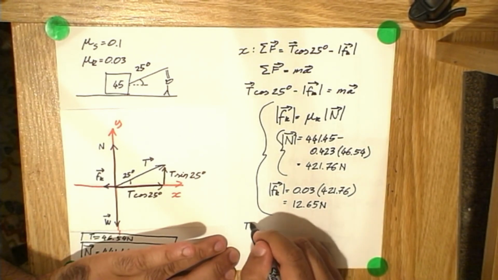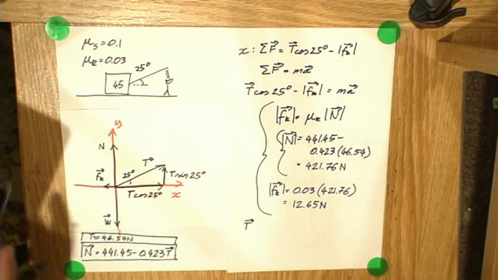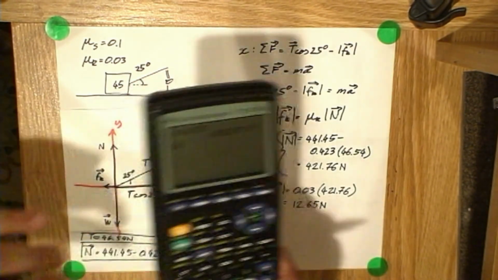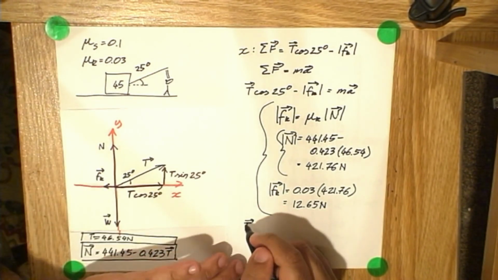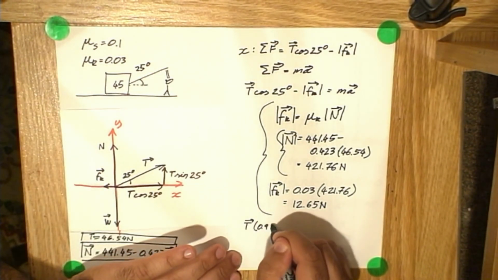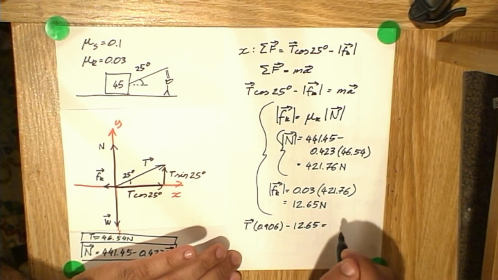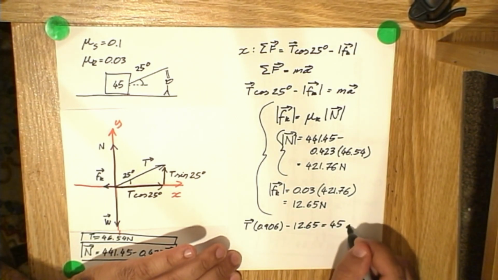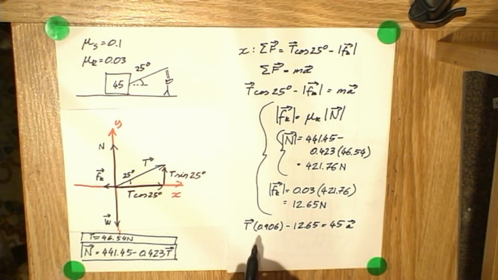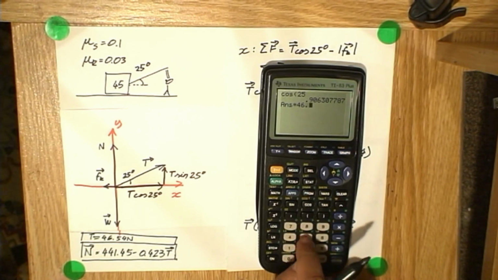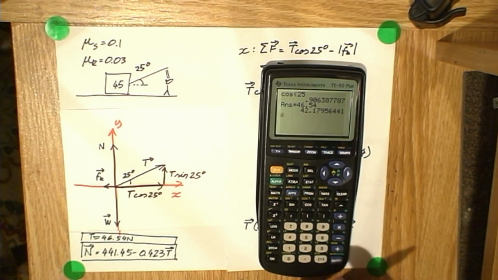So now we have tension cos 25. We'll just recalculate that. Cos 25 is 0.906. So tension times 0.906 minus the friction, 12.65, is equal to the mass, 45, times the acceleration. We've already solved for the tension. It's 46.54. So 0.906 times 46.54 gives us 42.18.